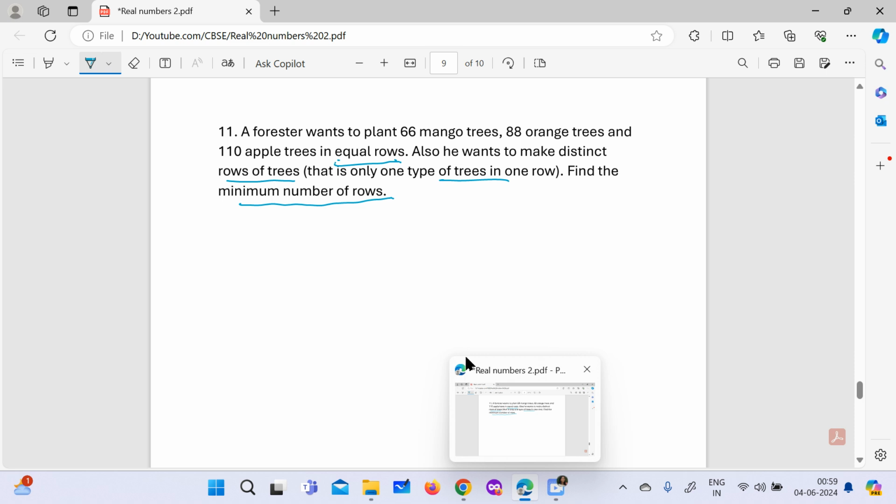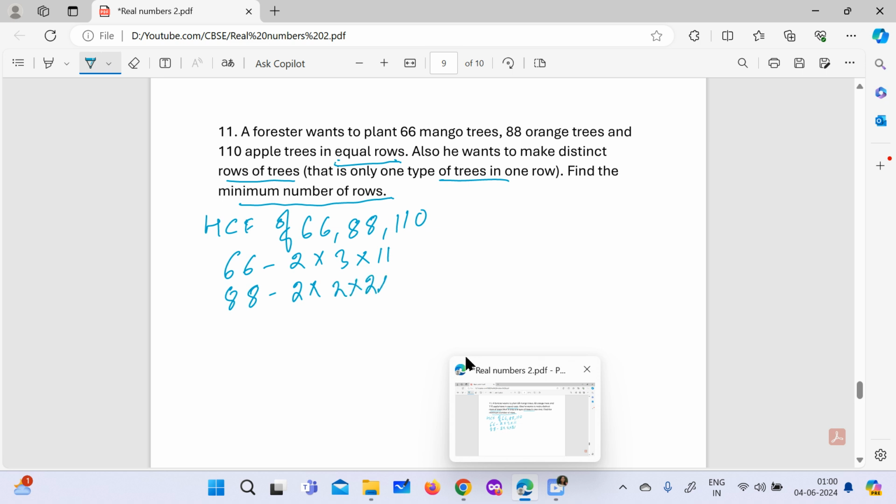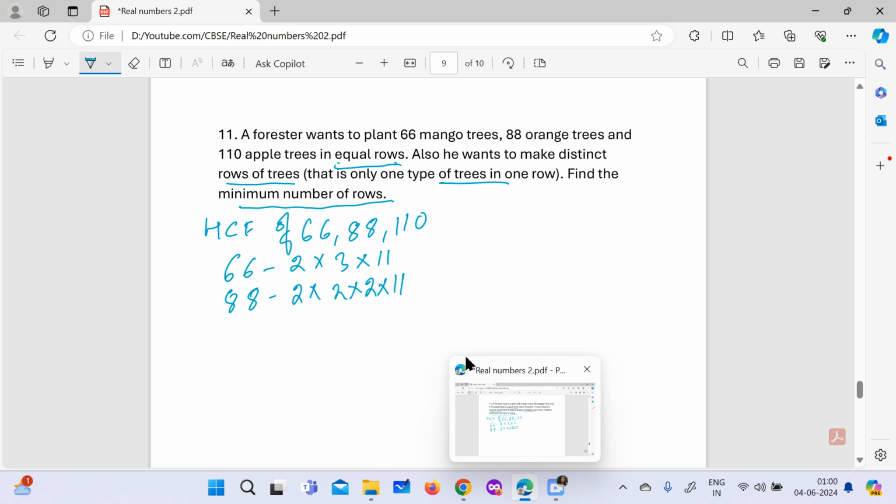So we will find the HCF of 66, 88 and 110. We can write 66 as 2 times 3 times 11, 88 as 2 times 2 times 2 times 11, and then 110 is nothing but 2 times 5 times 11.